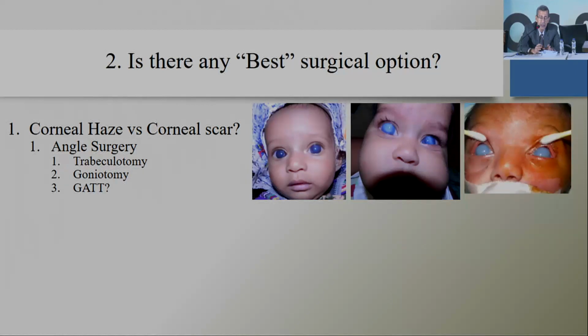The moment it is moderate to severe degree of corneal edema and corneal enlargement is significant, intraocular pressure is high, probably in our situation, in Indian context, combining trabeculotomy with trabeculectomy should be the gold standard according to my understanding.